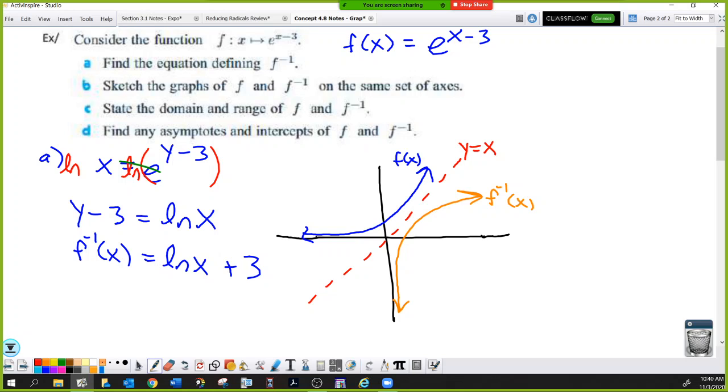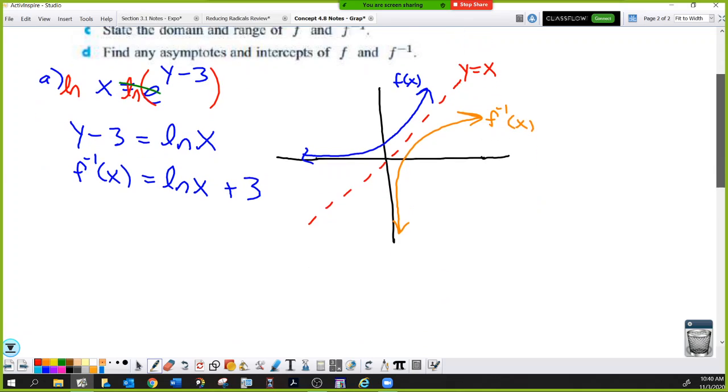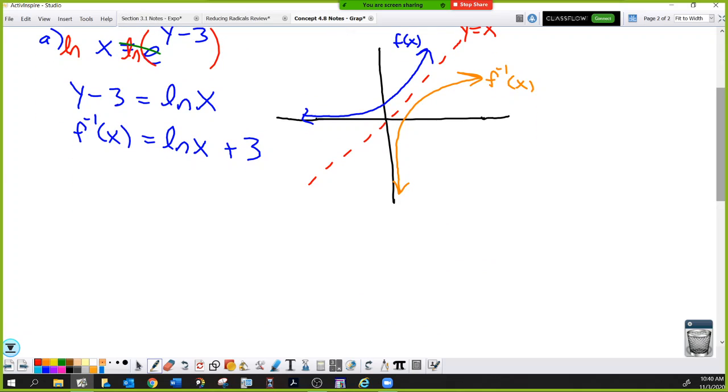Well, for f, how do I want to say the domain of f? It's the blue one. Okay, I'll just do it in blue. Domain of f. f of x, its domain.